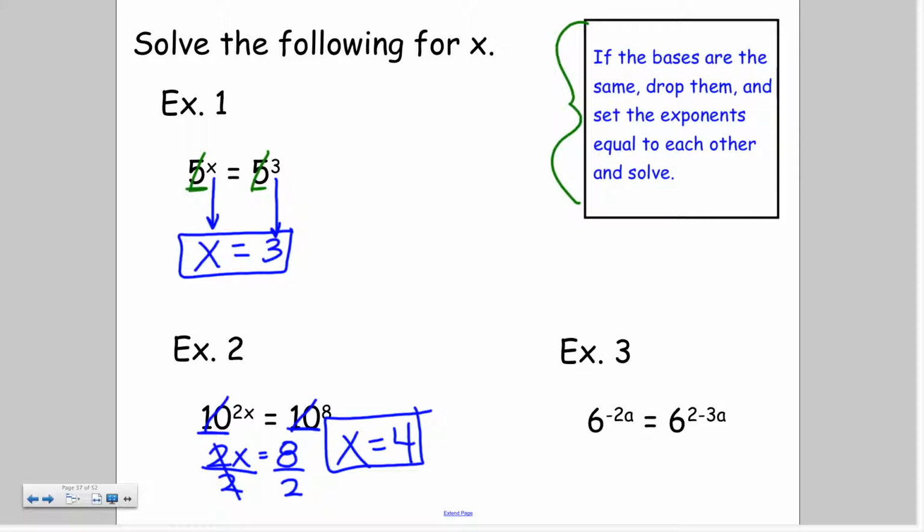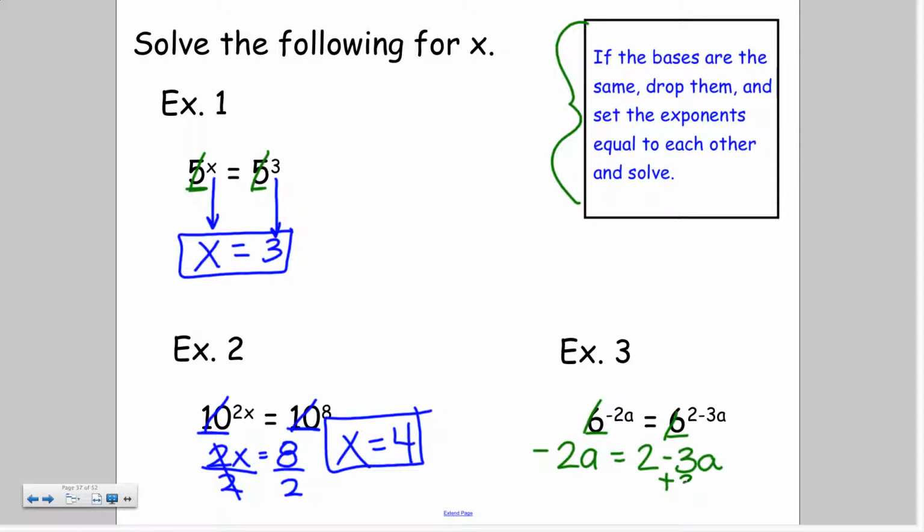All right, example 3. Look at those bases. We have 6. It's the same, so we're going to cancel it out. We have negative 2a is equal to 2 minus 3a. All right, on this one, I'm going to go ahead and move my 3a over because that way it'll just be easier, and I'm not having to move that 2 back and forth.